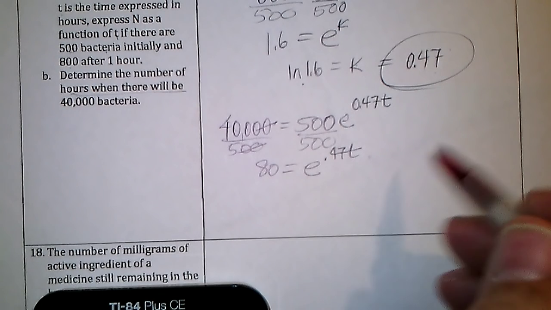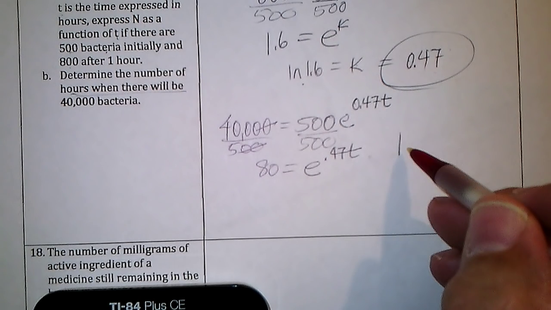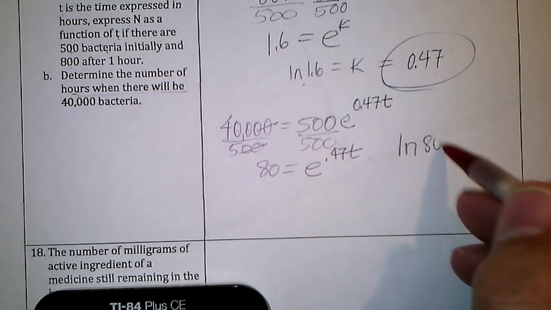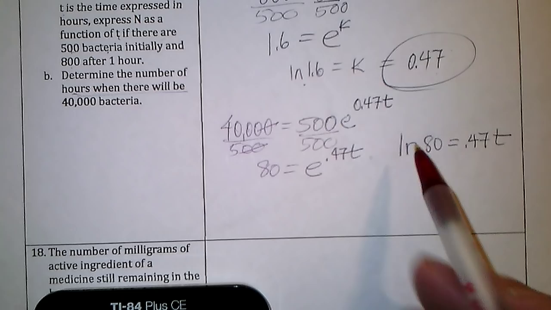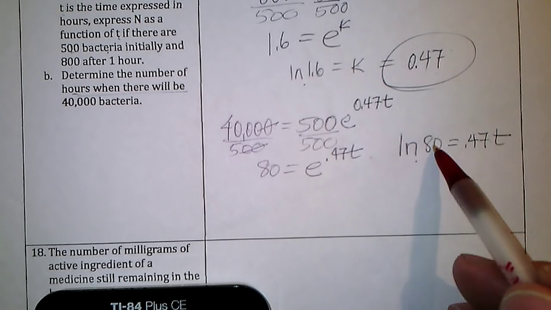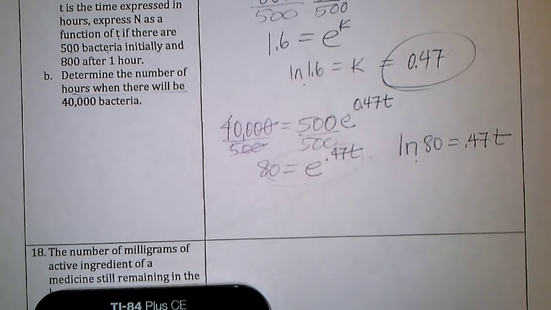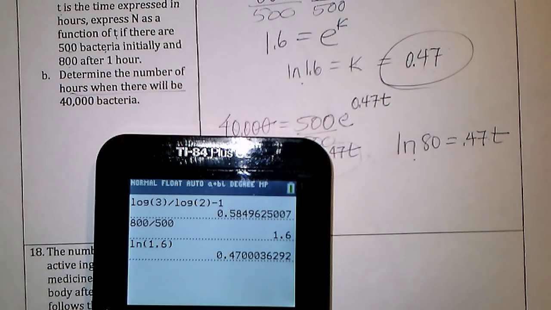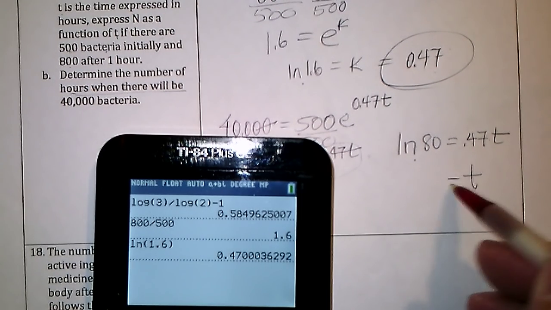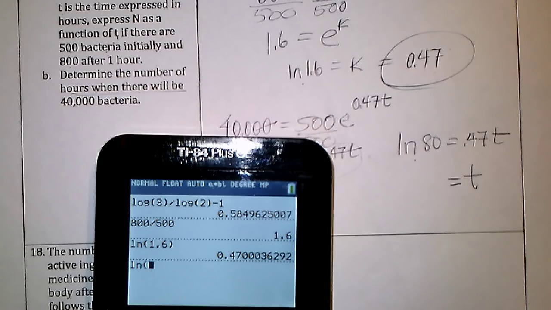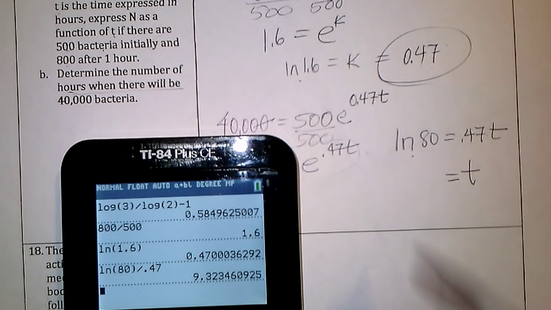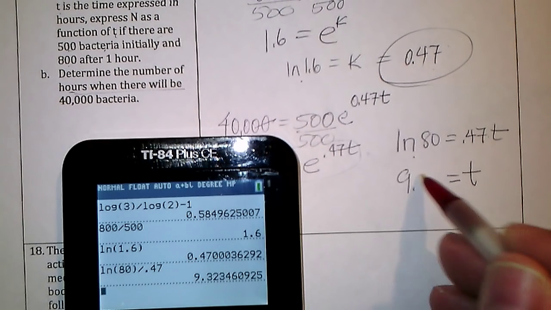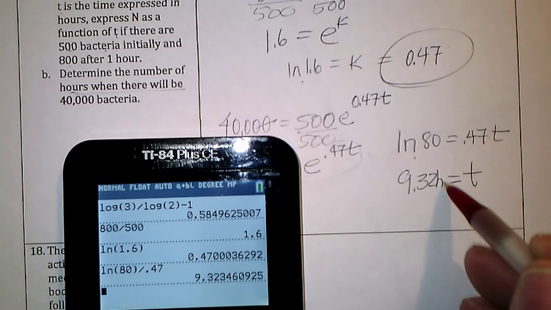So write this as a log. So the natural log of 80 equals 0.47 t. E to the 0.47 t equals 80. So t is going to be natural log of 80 divided by 0.47, which is 9.32 hours.